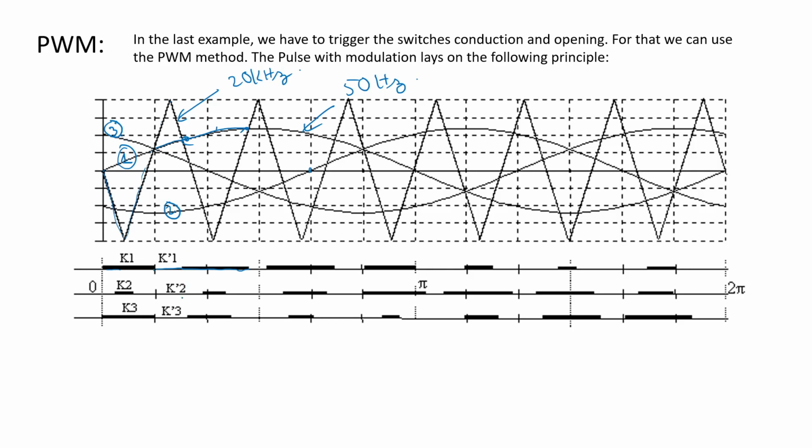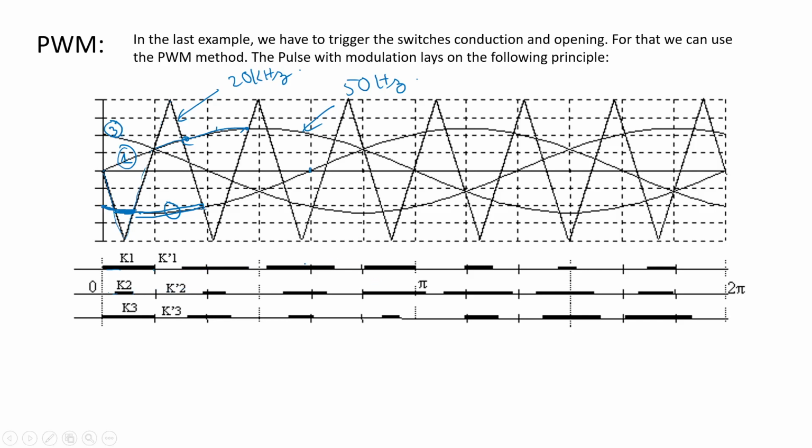Let's see 2. From here to here, it's lower than the triangle, so it's switched off. And then from here to here, it's higher than the triangle, then switch on. From here to here, lower than the triangle again, so switch off. See?